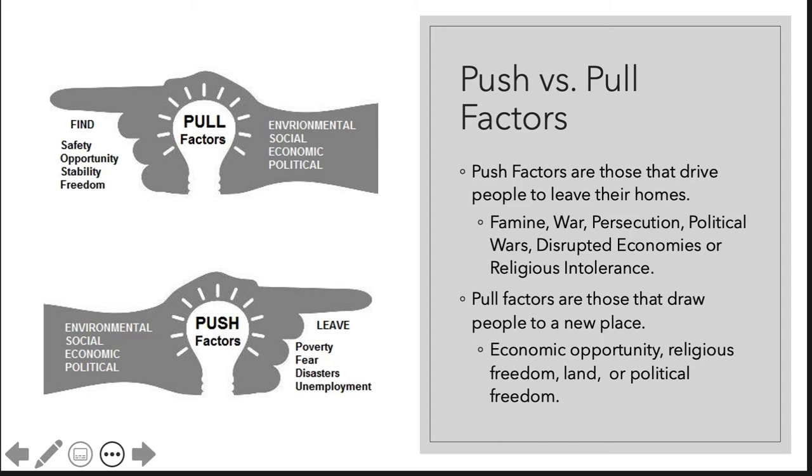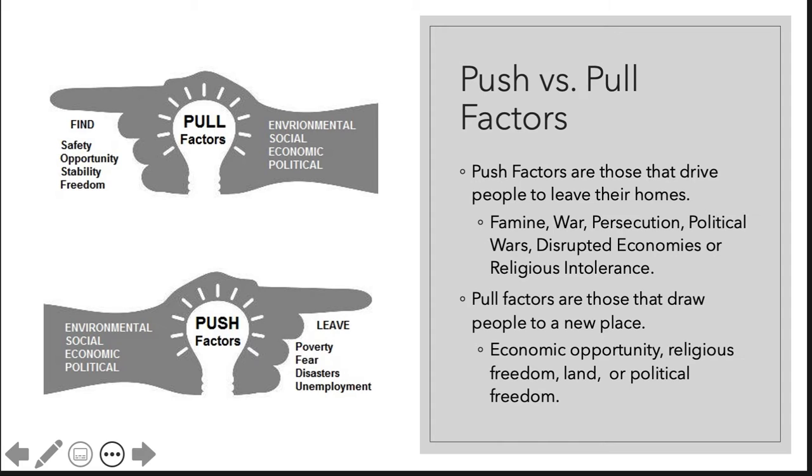Okay, we have push factors and we have pull factors that are going to cause immigration to the United States at this time. A push factor is going to be those that drive people to leave their home countries.